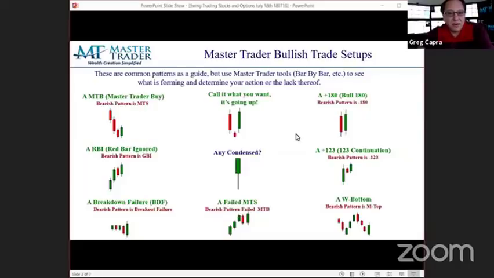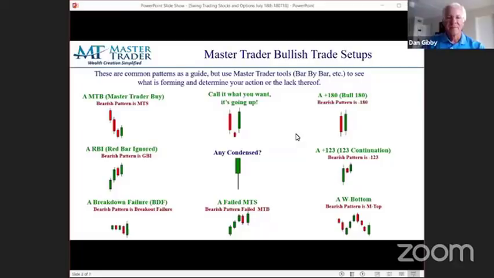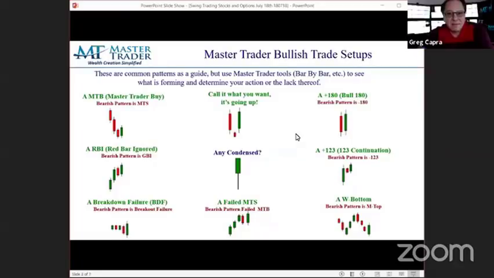So it's a reversal. It was going down and it's going up. The middle one on the left, we call a red bar ignored, and we had one of those yesterday in the S&Ps on the 5-minute chart. It came to resistance, formed a reversal, and it didn't happen. It was negated just like that.